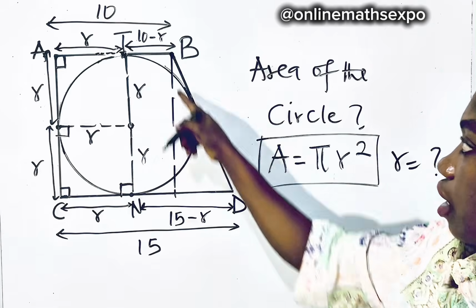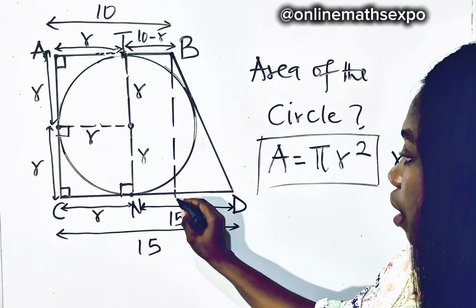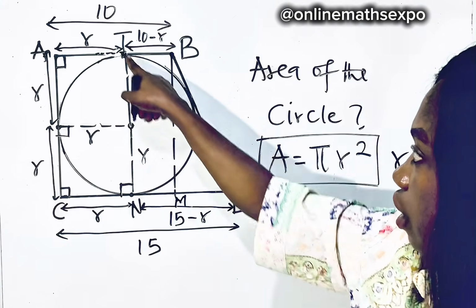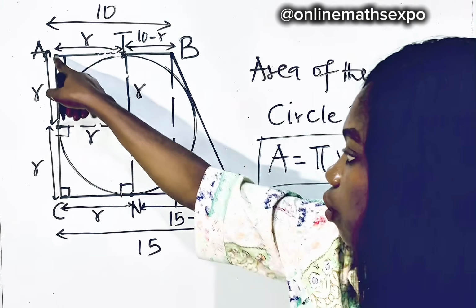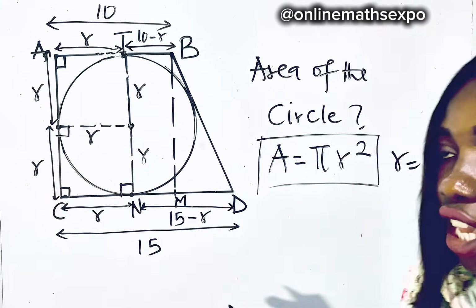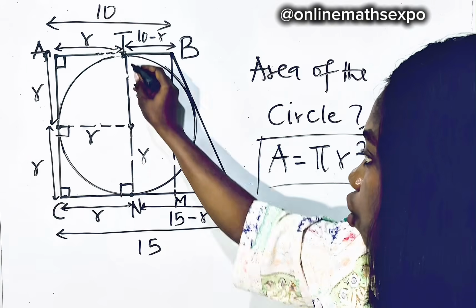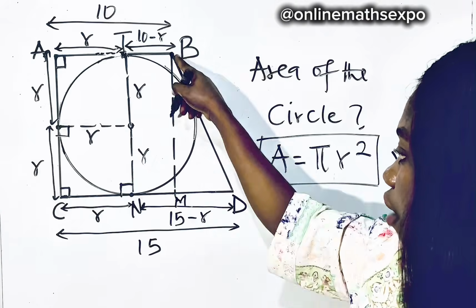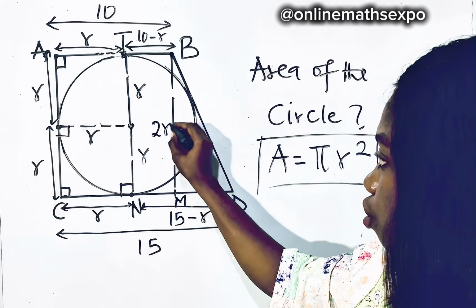Now you observe that this line from B, we can label it M here. Line BM is parallel with line TN and is also parallel with line AC, and the lines are equal. So it means that this whole length will now be R plus R. So line BM will also be 2R.